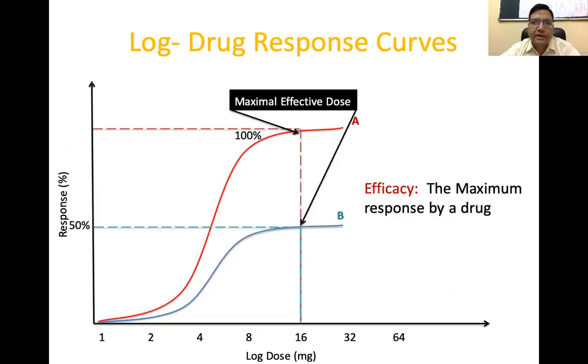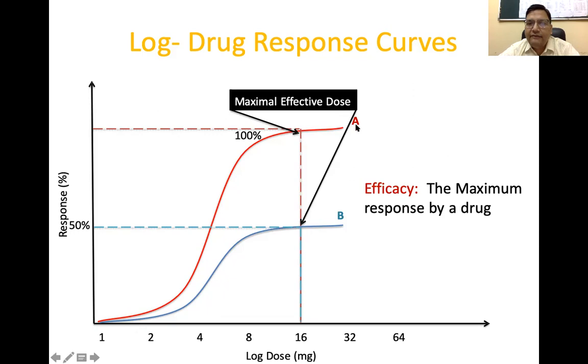So if we plot a dose response curve of two drugs, say A and B, these two curves are telling us that with the use of drug A, we are getting the 100% response, while using drug B, we are getting 50%. So the maximum response with drug B is 50%.